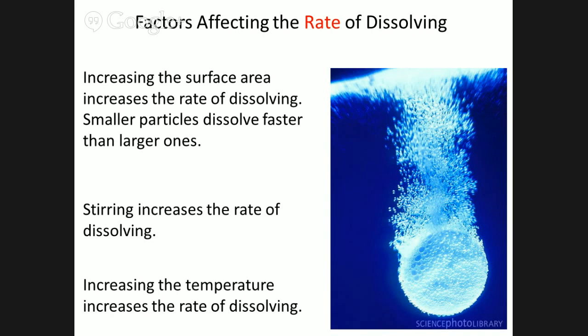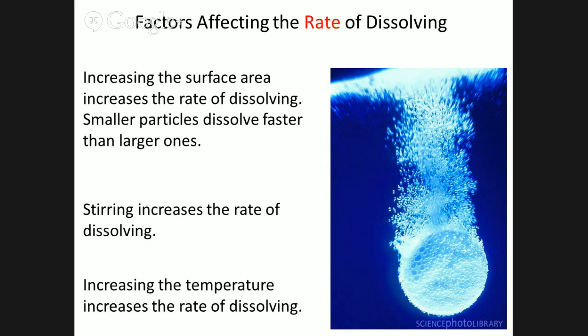Basically, when we stir something, we make the material come in contact with the solvent more quickly. When we increase the temperature, the motion of the particles speeds up, moves about more quickly.